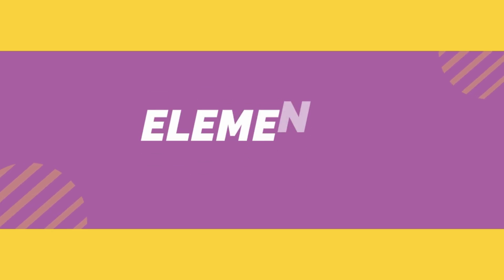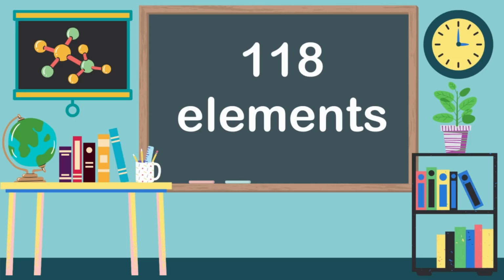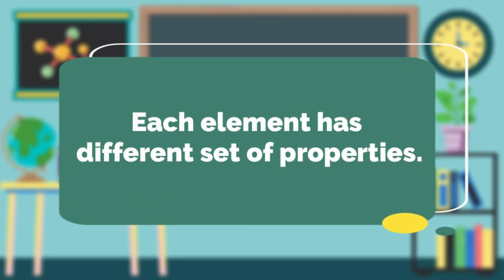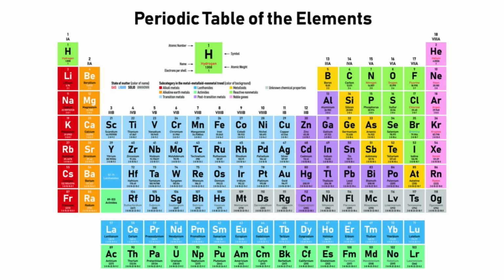Elements are the simplest chemical substances in which all atoms are exactly the same. There are 118 known elements, and each element has a different set of properties. Remember, no two elements have the same set of properties. Since 118 is quite a big number, early scientists systematically organized all of the 118 elements in what we call the periodic table of elements, or sometimes simply referred to as the periodic table.